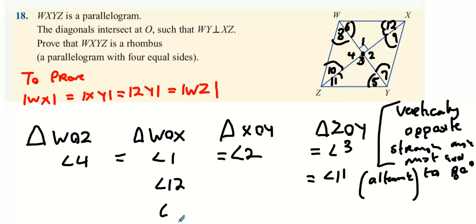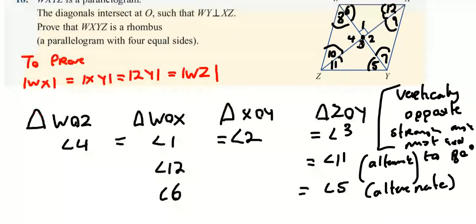We can then say angle 6 equals angle 5. Why? Third angle or alternate, whichever you want. Alright, we're about to get this now. I can then say that WO equals OY. Why can I say WO equals OY?